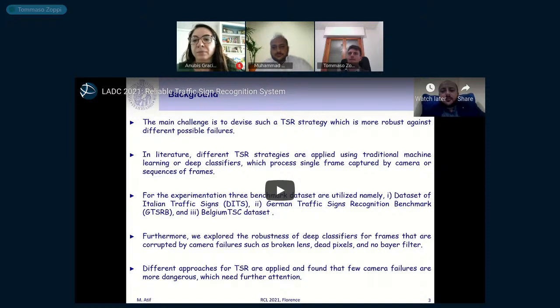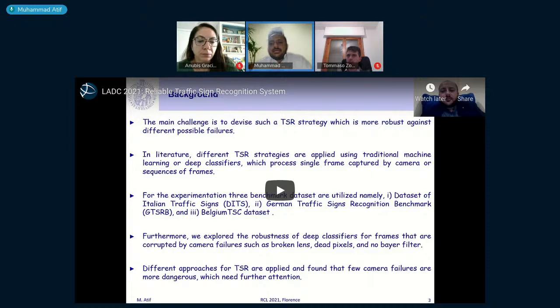Actually, we have suggested 3 different approaches for the failure detector, which will work with the TSR component. And currently, we are performing the experiments. So at the moment, I can't say which one will perform better.